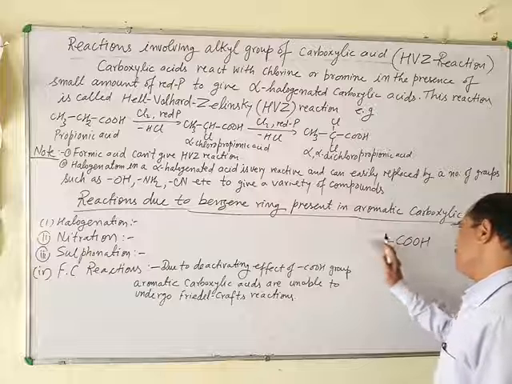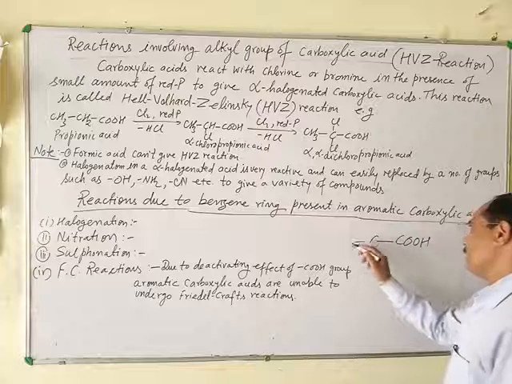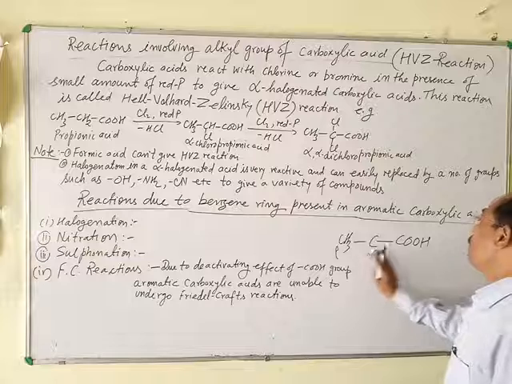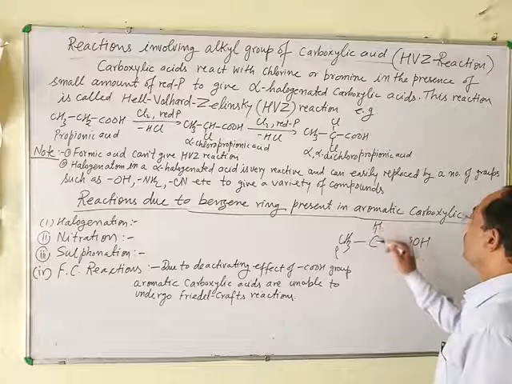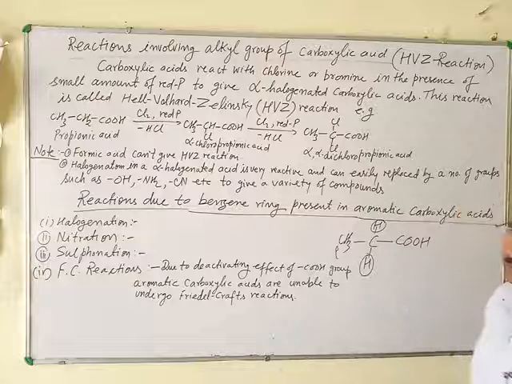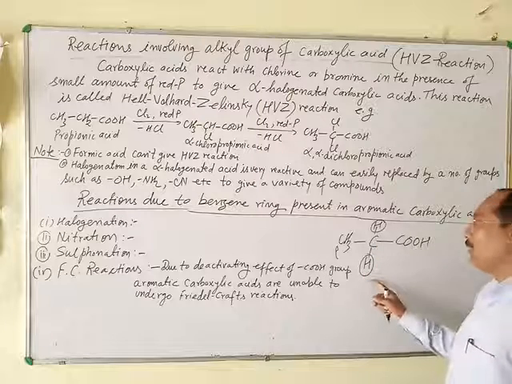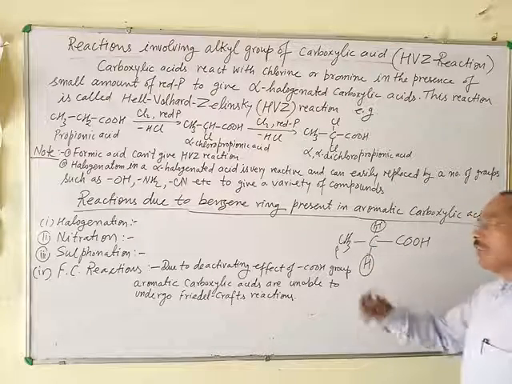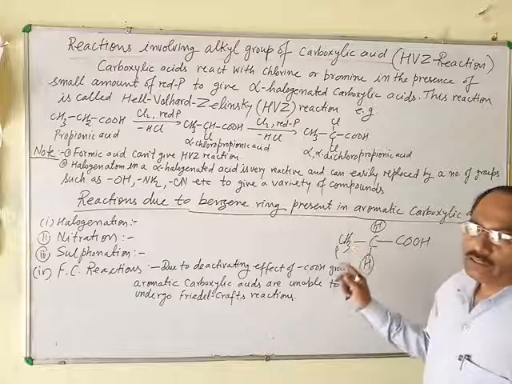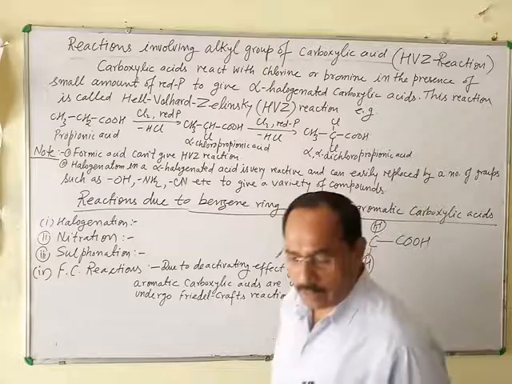The carbon atom attached to this group is called alpha carbon, and this is called beta carbon. Only the hydrogen attached to the alpha carbon gets replaced by halogen in this reaction, because alpha hydrogen is relatively more acidic and reactive than beta and gamma hydrogens. That's why chlorine or bromine replaces these hydrogens in presence of red phosphorus.